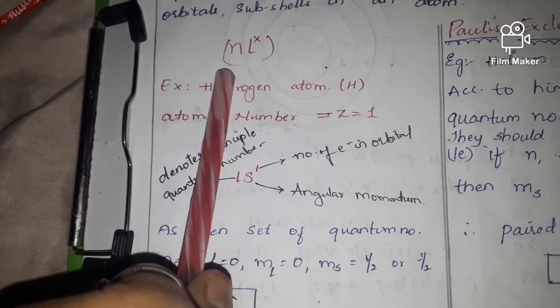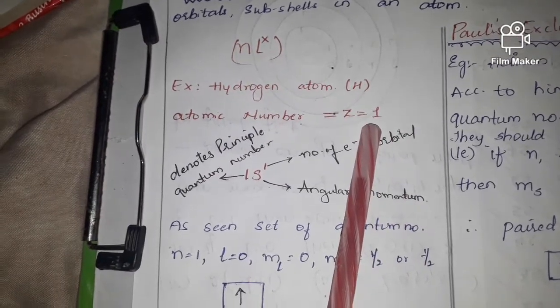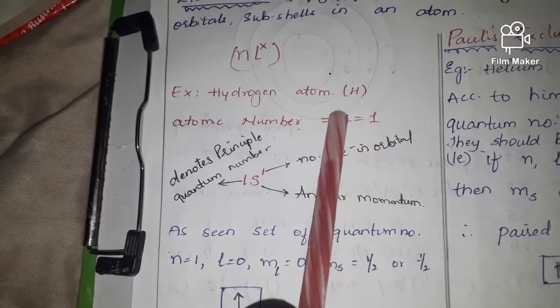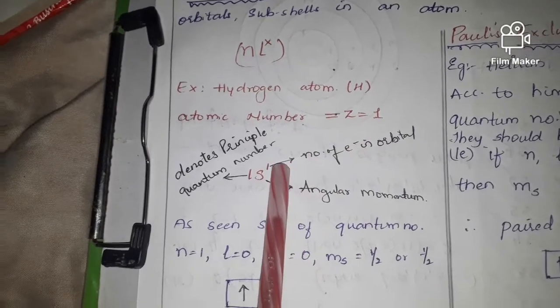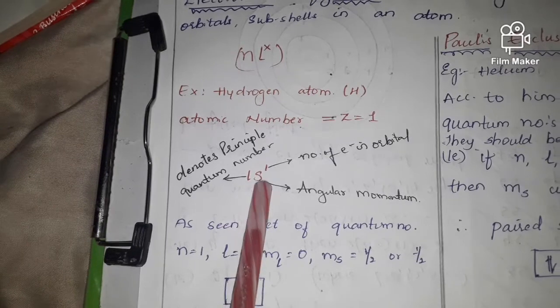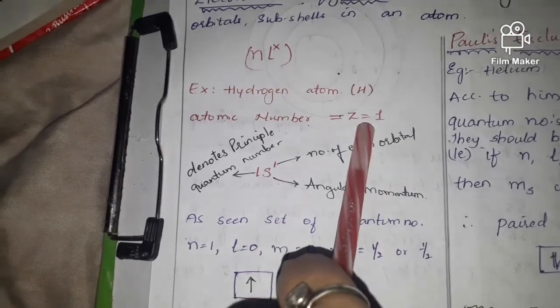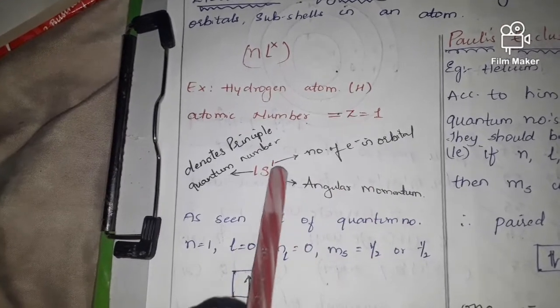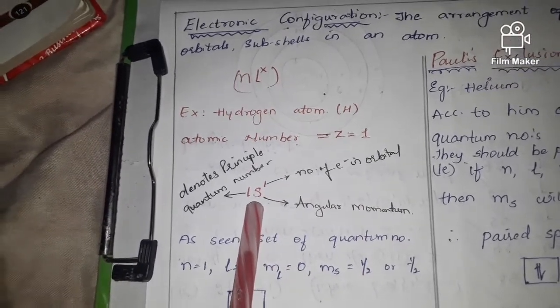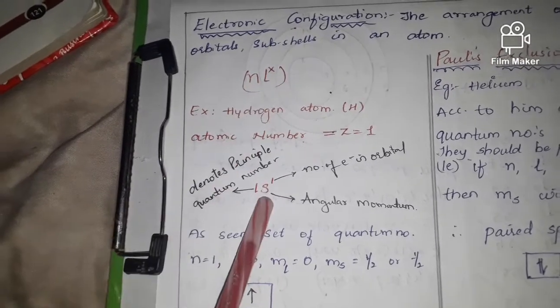So the set of quantum numbers is n equal to 1, l equal to 0, ml equal to 0, and ms equal to plus half or minus half. The atomic number is 1, so 1 is the number of electrons present in the atom.